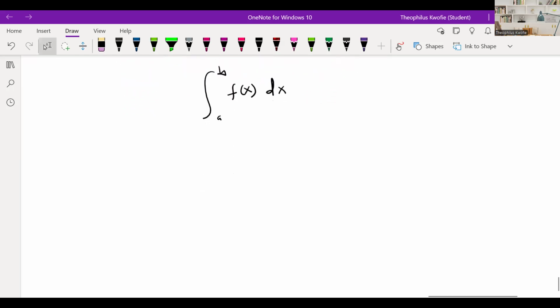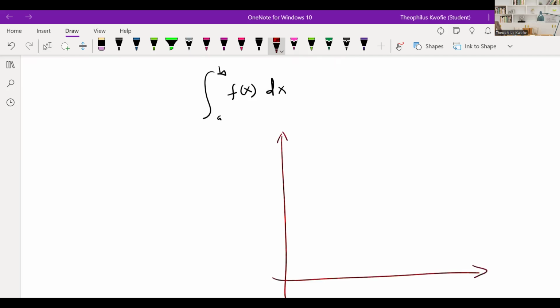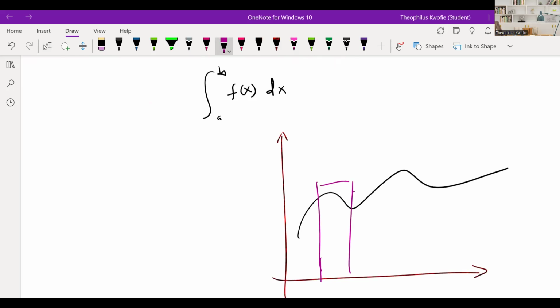Suppose I give you a graph, and on that graph I erect some rectangles. Suppose that they are of equal width.